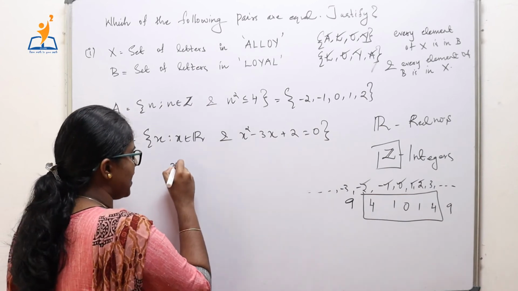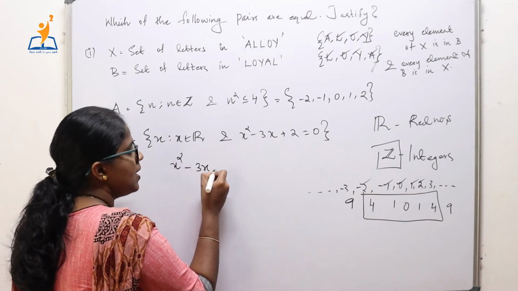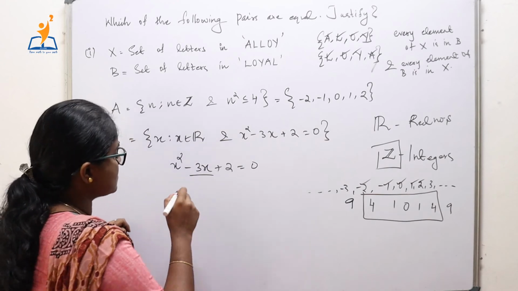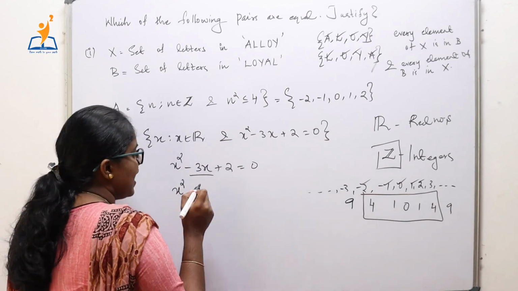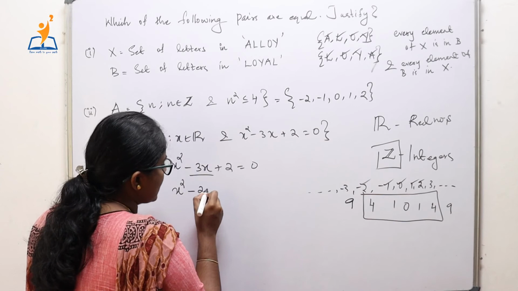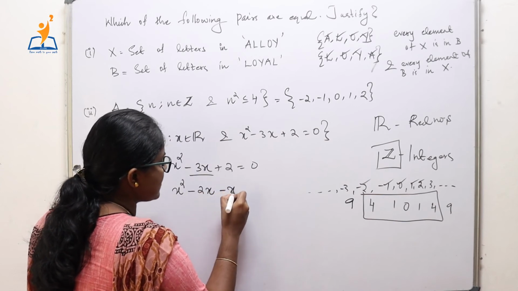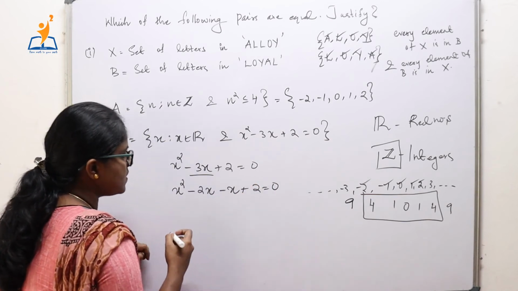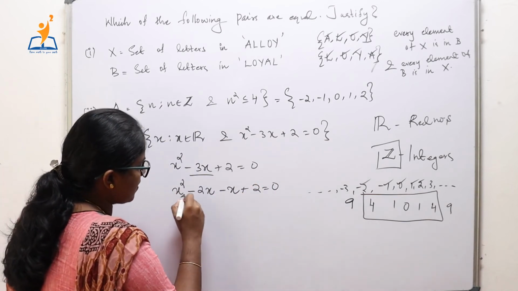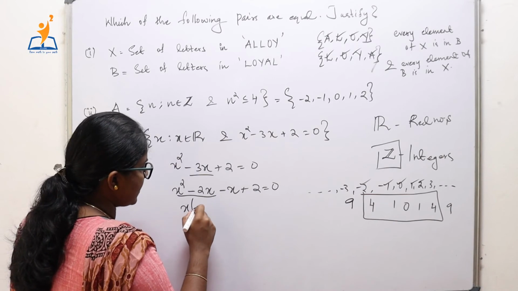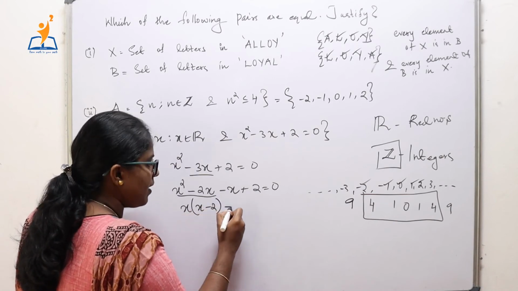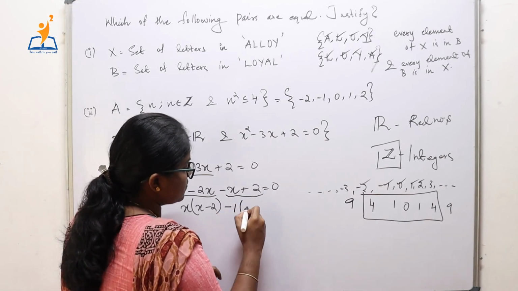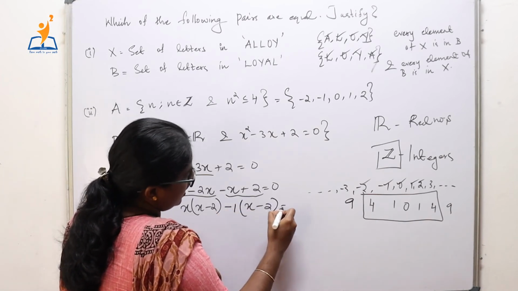So we have to solve that quadratic equation by splitting the middle term, and the middle term is minus 3x. We can split minus 3x like this: x square minus 2x minus x plus 2 equals 0. Now we can take x common from the first two terms and the remaining factor is x minus 2. Again we can take minus 1 common from the last two terms, that is minus 1 into x minus 2 equals 0.